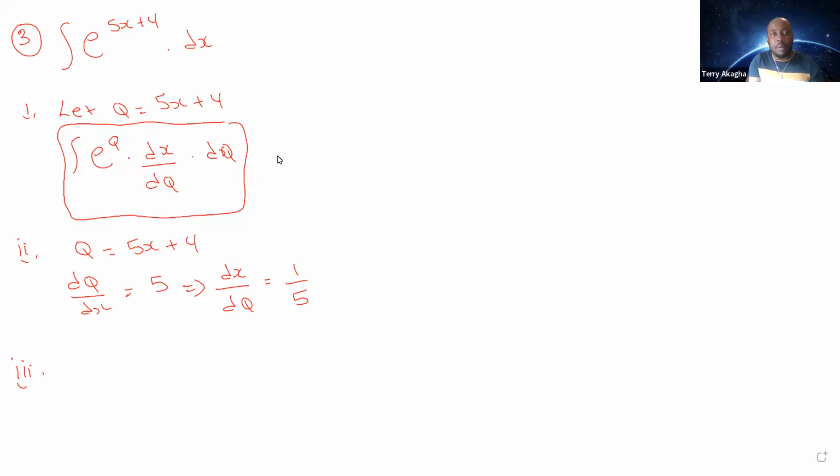Now, the third step I told you was to replace the variables back into the equation. So it's going to be, we're integrating e raised to q times dx over dq, which was 1 over 5, and dq. Now, the fourth step, I asked you to integrate as normal. So we're integrating e^q times 1 over 5 dq.